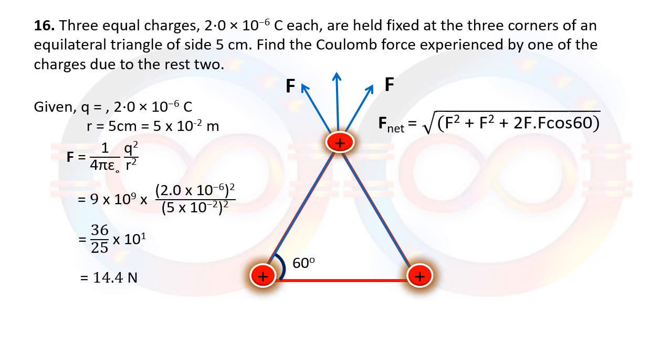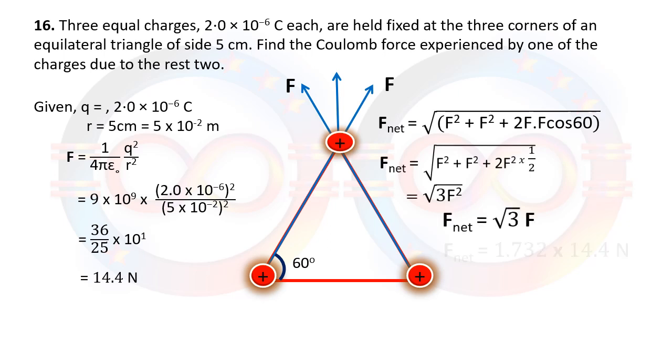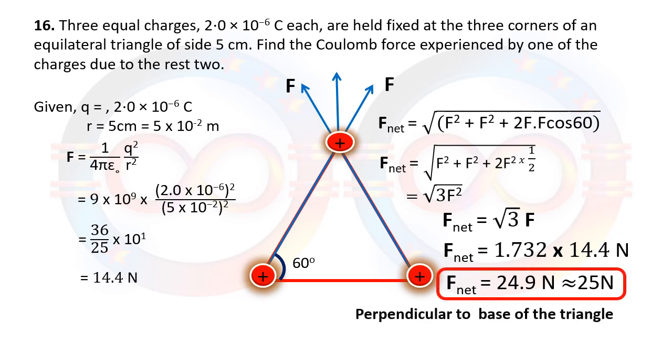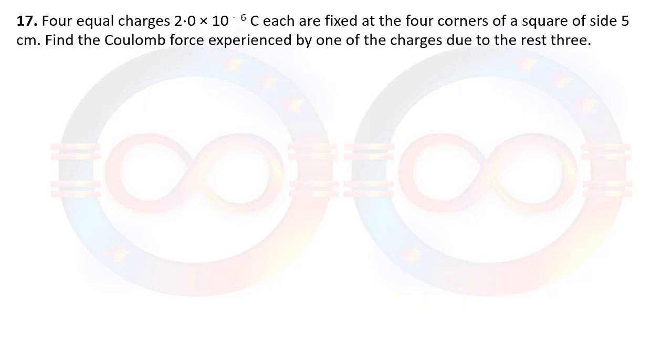Net force will be equal to the vector sum, that is root of F square plus F square plus 2FF cos 60 degree, because the angle between these two forces F and F is 60 degrees, and it will come as root 3 F. Taking F as 14.4 Newton into 1.732, it will come as 25 Newton. Obviously it will be perpendicular to the base of the triangle.